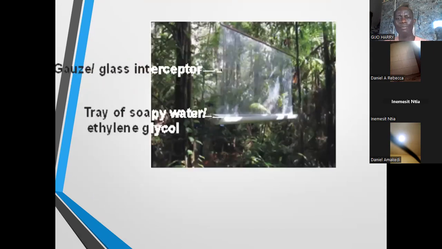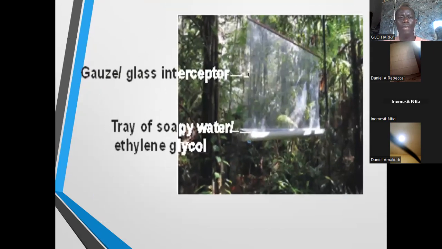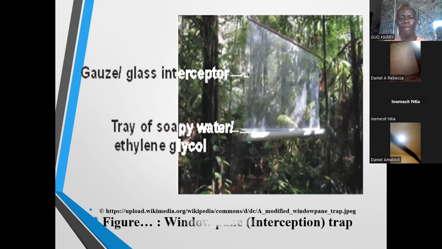Here is a window pane trap. You see the glass here, or a gauze that's placed in the flight path. Since it is transparent, the insects will not know that a glass is there.